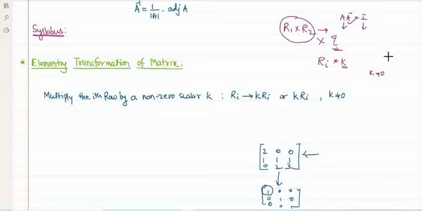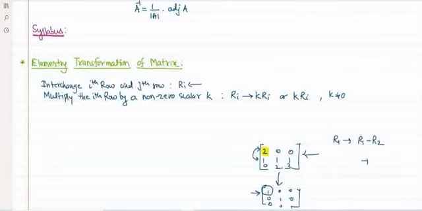And this transformation is denoted either like this, Ri interchange to Rj, or Rij. I am using the second notation. Okay, this is the first elementary transformation.